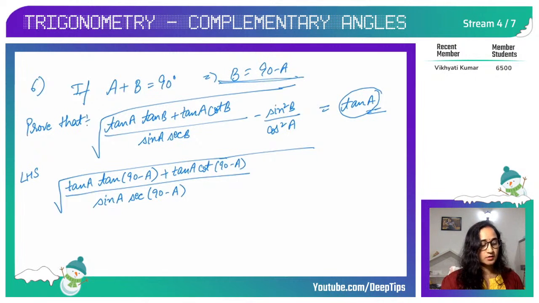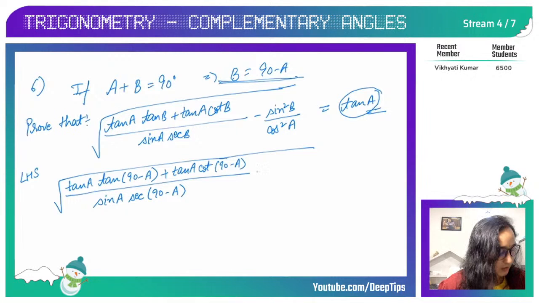I hope this is clear to everyone, how we are doing this. In place of b I have substituted 90 minus a. Now minus sine square 90 minus a upon cot square a.